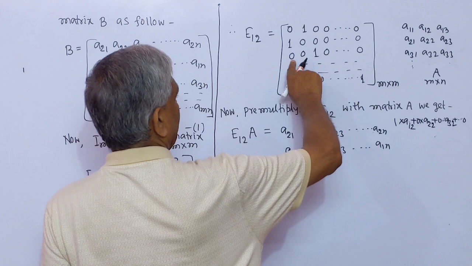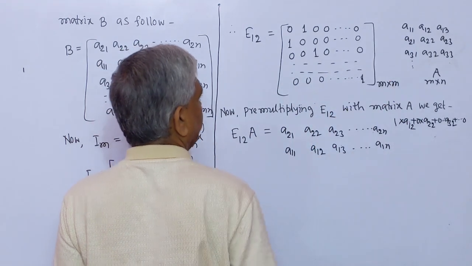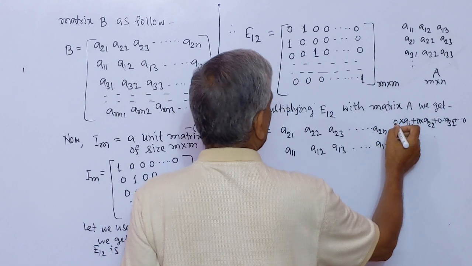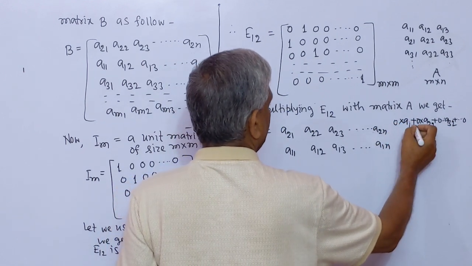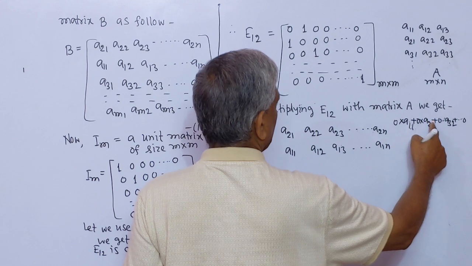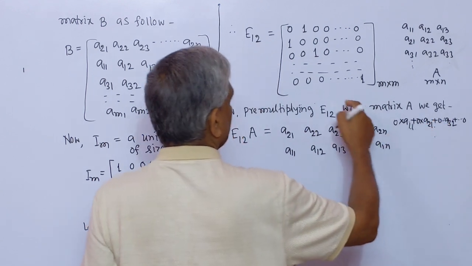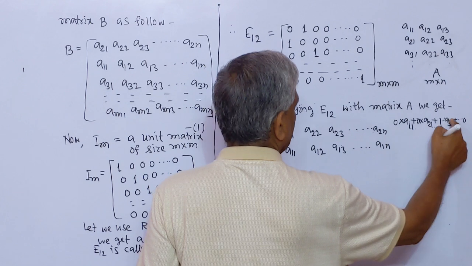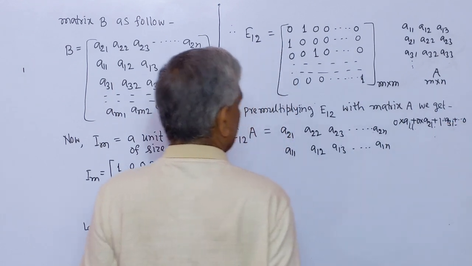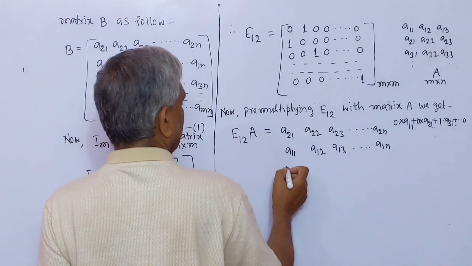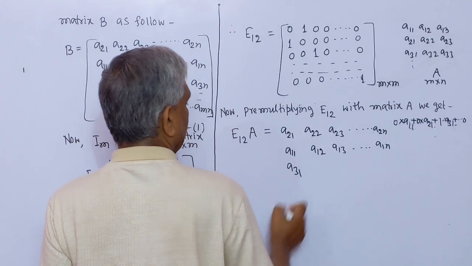Now third row, first column. Third row, 0 multiply A11, here 0 multiply A21, here 1 multiply A31, means other 0, means we get A31.